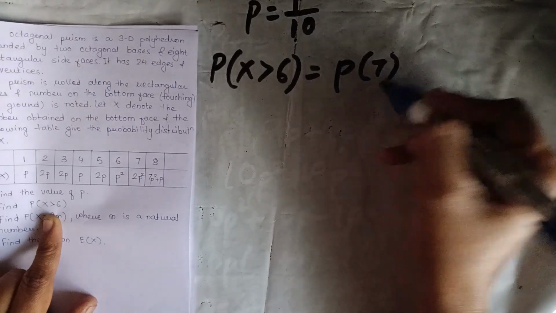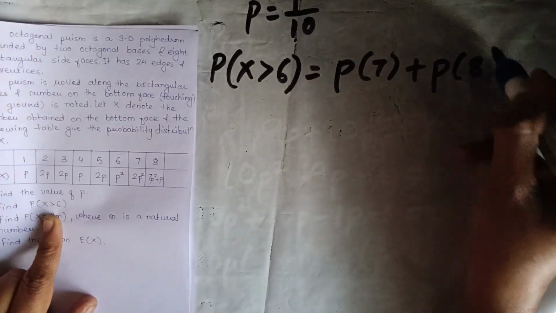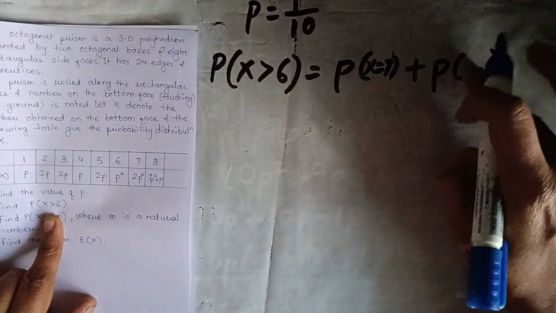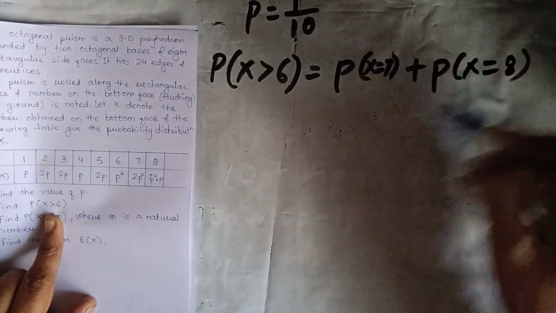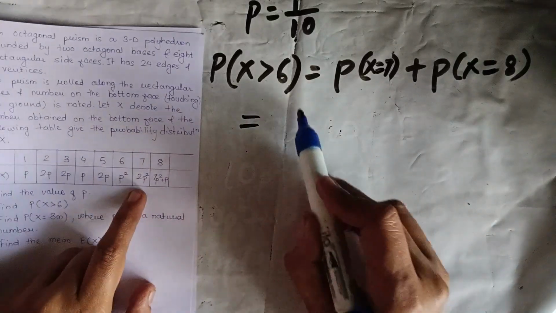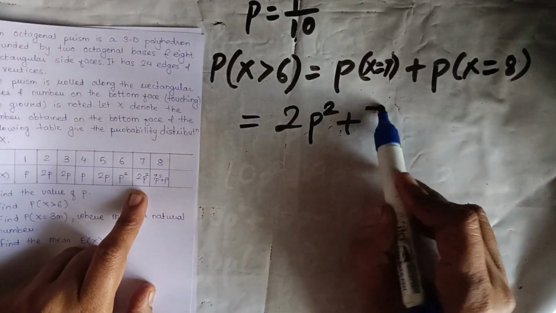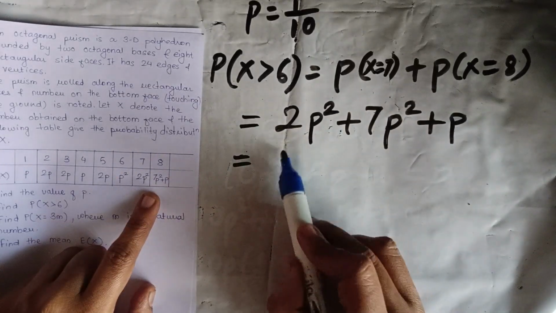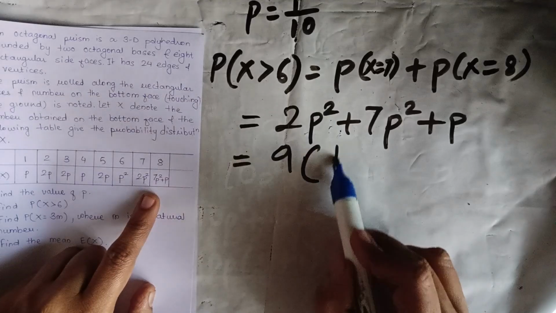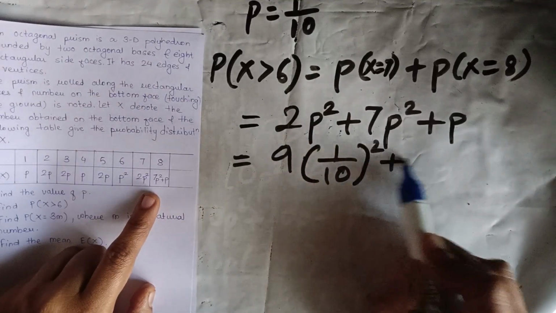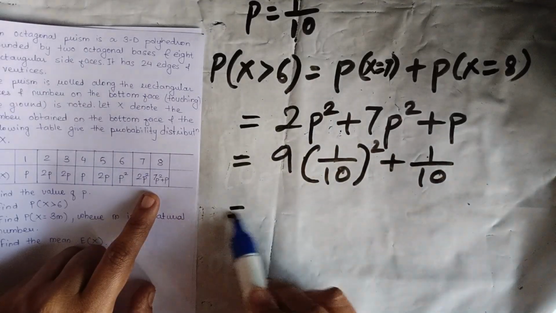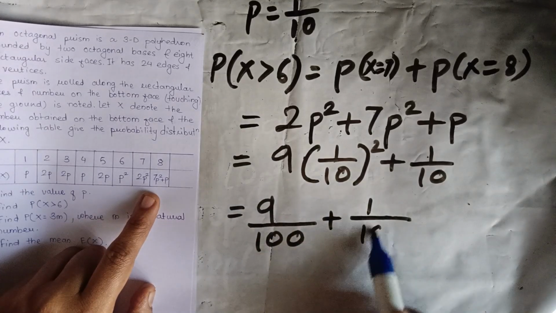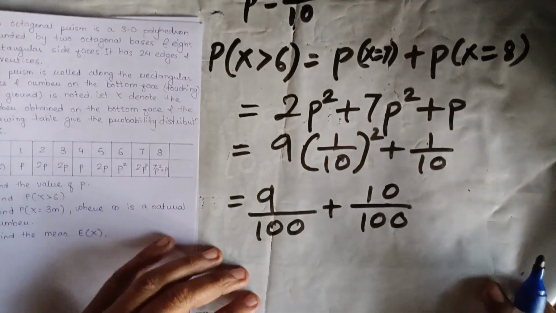So P of X equal to 7 plus P of X equal to 8. That is 7P² plus P. Then you can substitute P as 1 upon 10, and you can make it 100 by multiplying by 10.